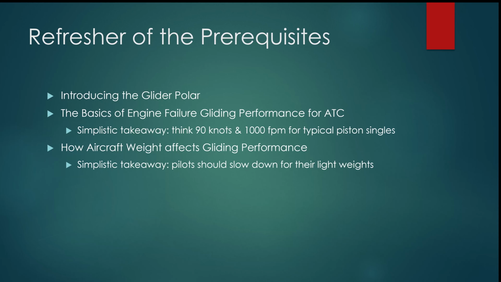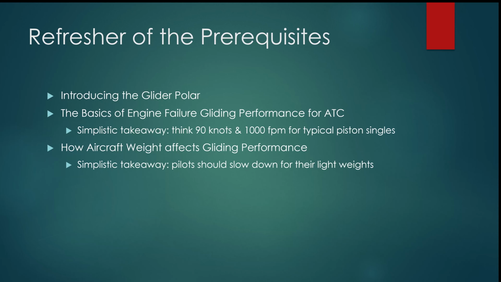In the video about the basics of engine failure gliding performance for controllers, I gave a simplistic takeaway. Though every situation will be unique, I said that a lot of typical single engine GA airplanes are going to cluster at something like 90 knots glide speed and 1,000 feet per minute. Certainly the trainers are going to be slower than that, but they'll also descend a little bit slower.